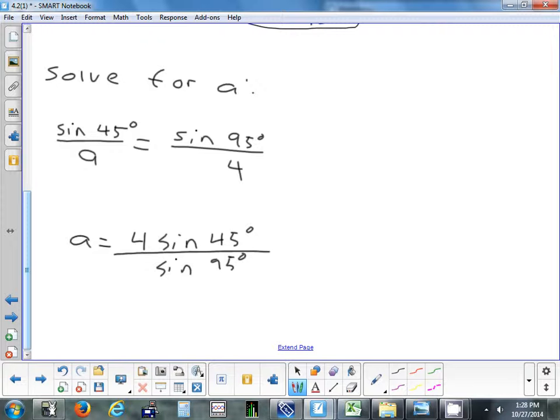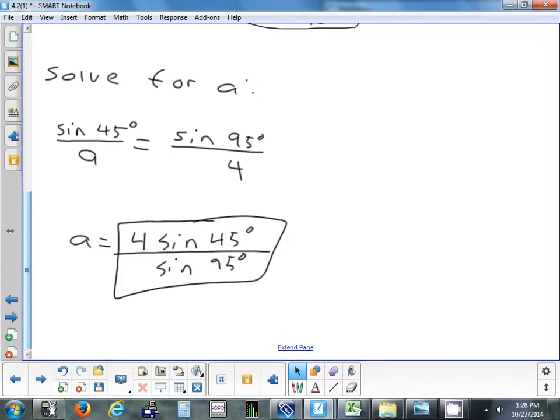That way there's no confusion, if you write something like this, we're not sure, does that mean to do the sine of 180? Or to take the sine of 45 and multiply by 4 first? So I always just stick the number in front. But that's fine. And that's A.